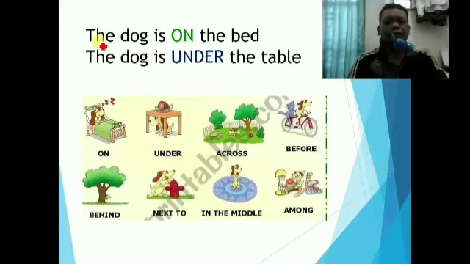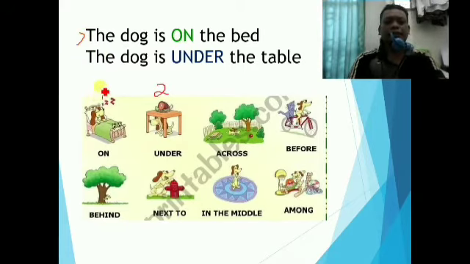The first sentence is the dog is on the bed. Jadi preposition di sini menunjukkan posisi the dog. The dog is under the table. These two sentences represent these two pictures, the picture number 1 and the picture number 2. The first picture is represented by the first sentence ini.